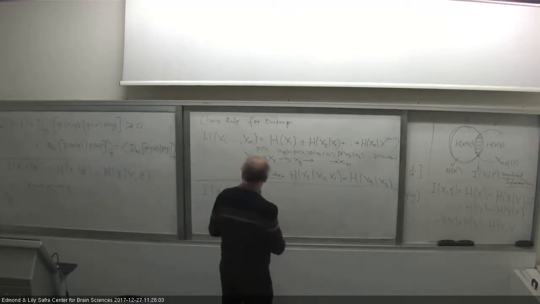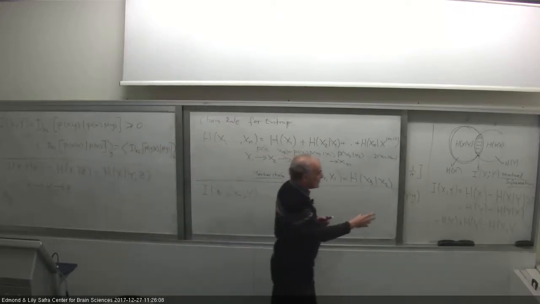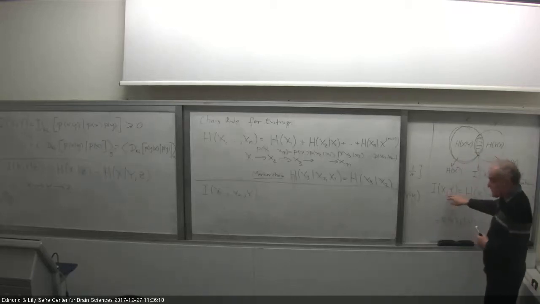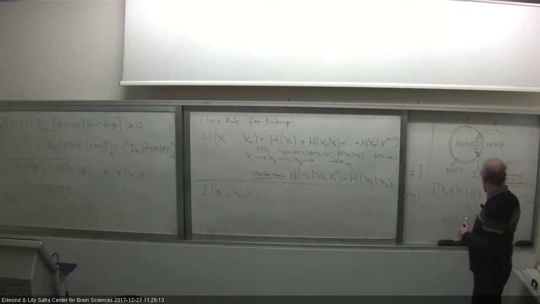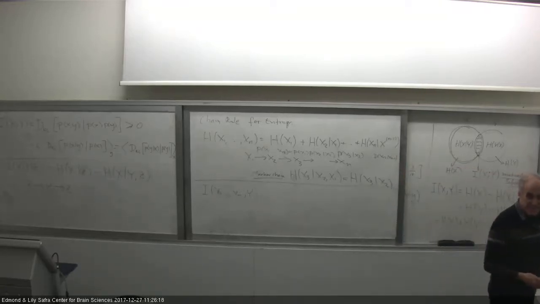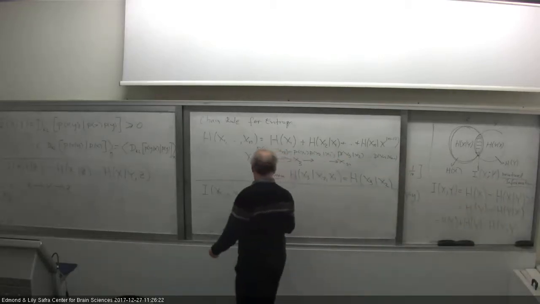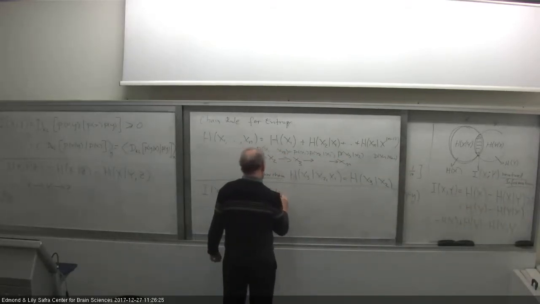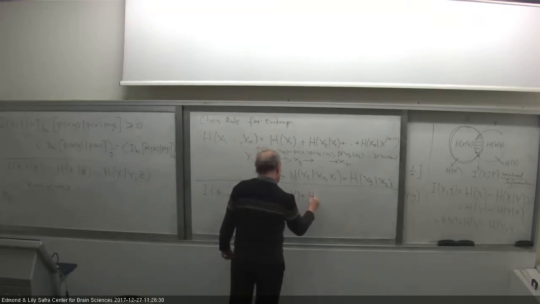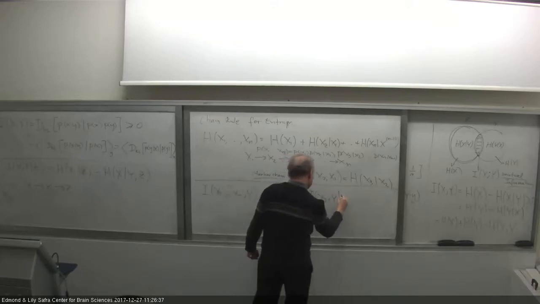Information, on the other hand, is not, because information is always bounded by the entropy of the variables, each of them. So this is at most H of y. Now, if H of y is finite, this will not grow, but I can still break it into some parts. So it's I, the information between x1 and y, plus the information between x2 and y given x1.